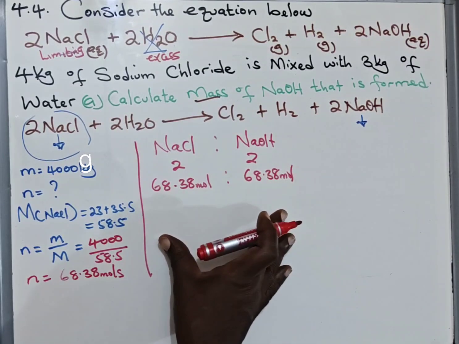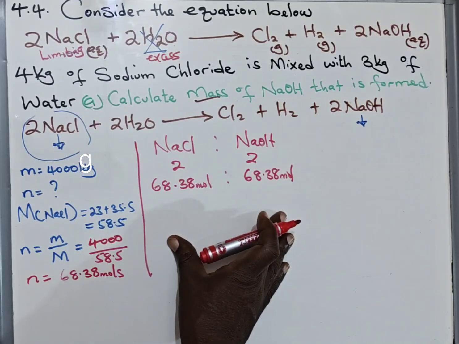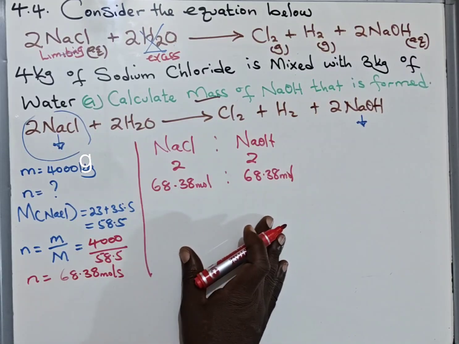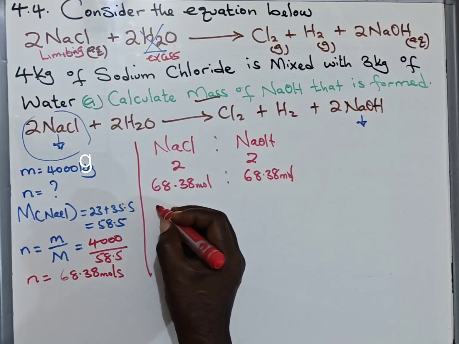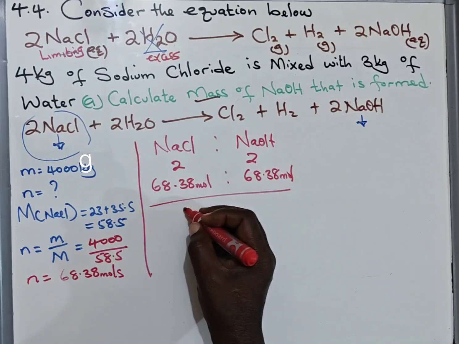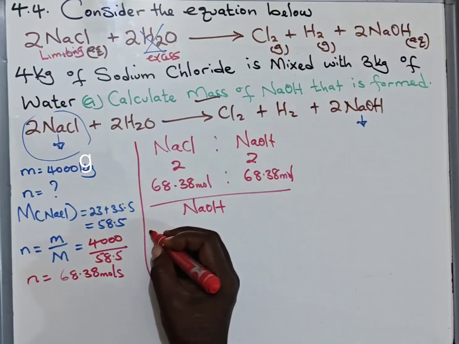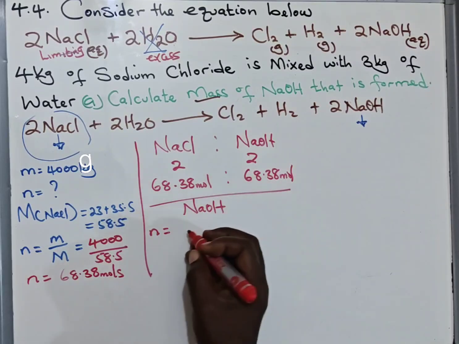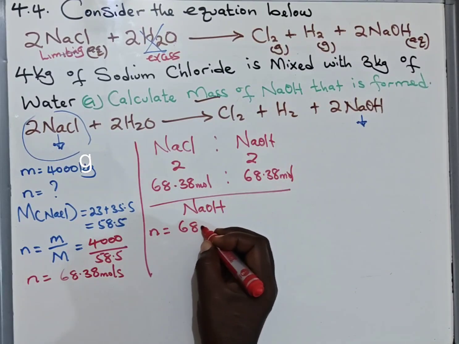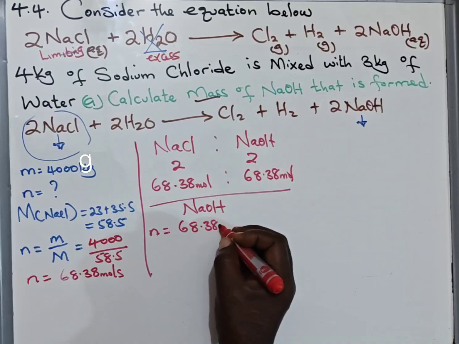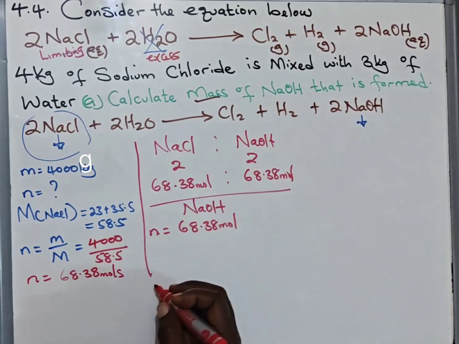That's what a mole ratio of 1 to 1 implies. So from here, you can proceed and determine our sodium hydroxide. You have just known that its number of moles is 68.38 moles.